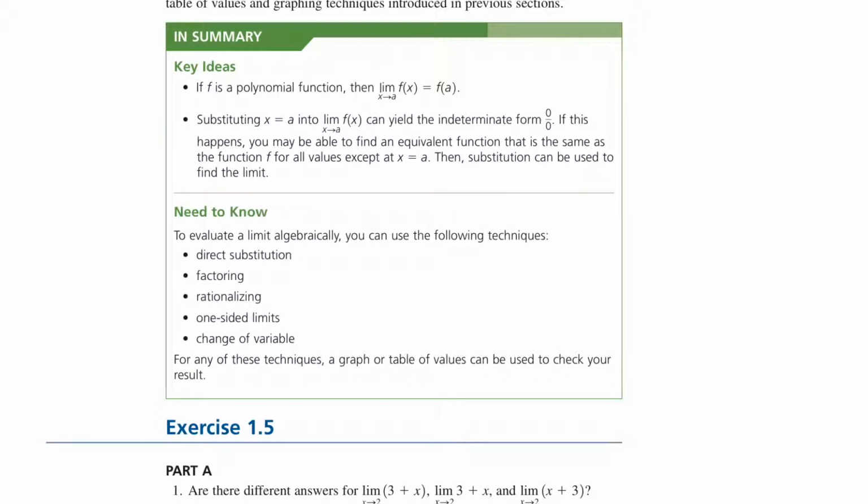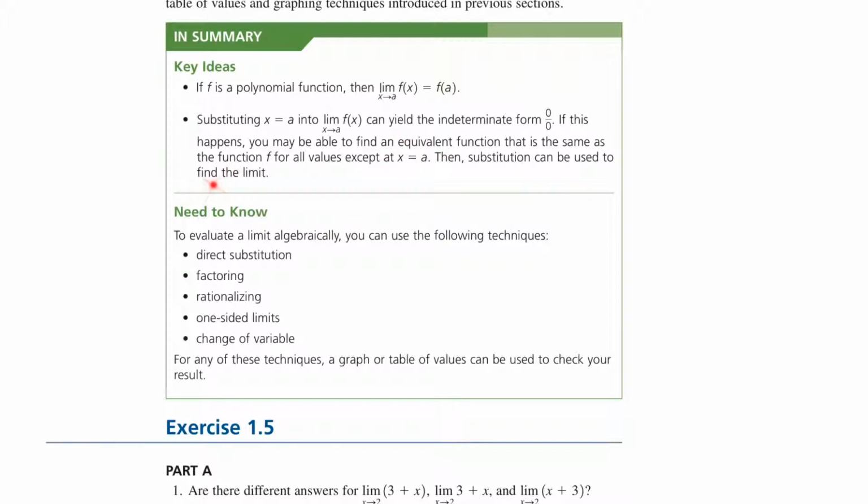Let's recap. If f is a polynomial, the limit of f(x) as x approaches a and f(a) are the same. Substituting x equals a into the limit of f(x) as x approaches a can yield the indeterminate form 0 over 0. In this case, we have to find a function equivalent to the given function when x is not a.